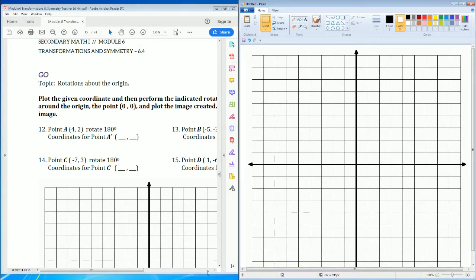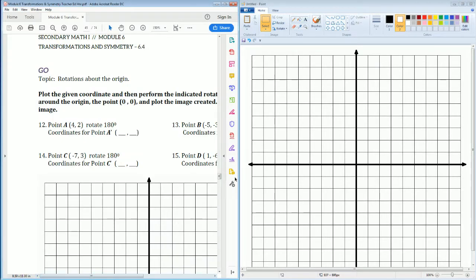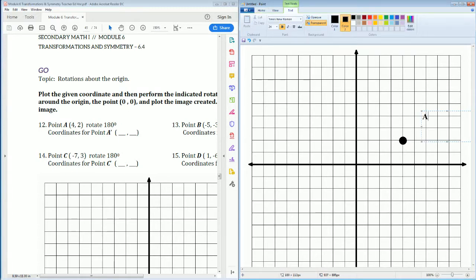Let's look at that, which was point A. We'll make that black. Put that in. Let's do that from 4, 1, 2, 3, 4, and up to 1, 2. So this is the point A of 4, comma 2.